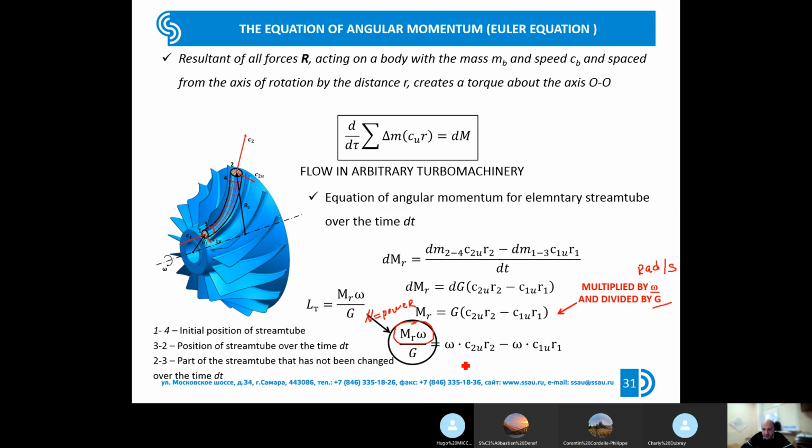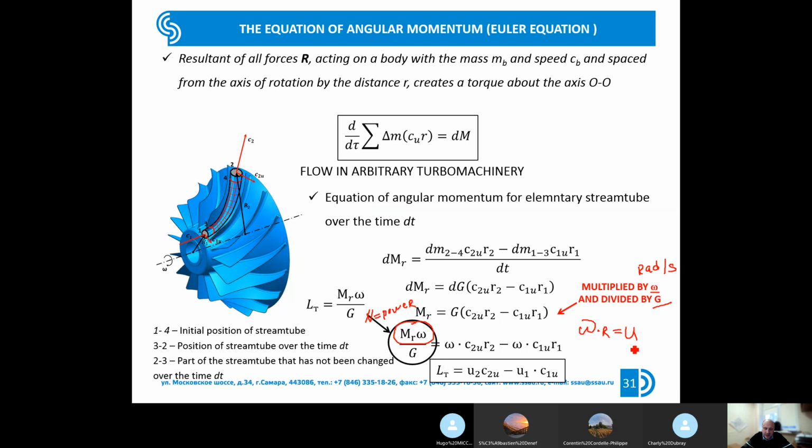If we look at the right part, we can simplify it, because we know that omega is the angular velocity. If we multiply omega by the radius, we receive circumferential velocity.